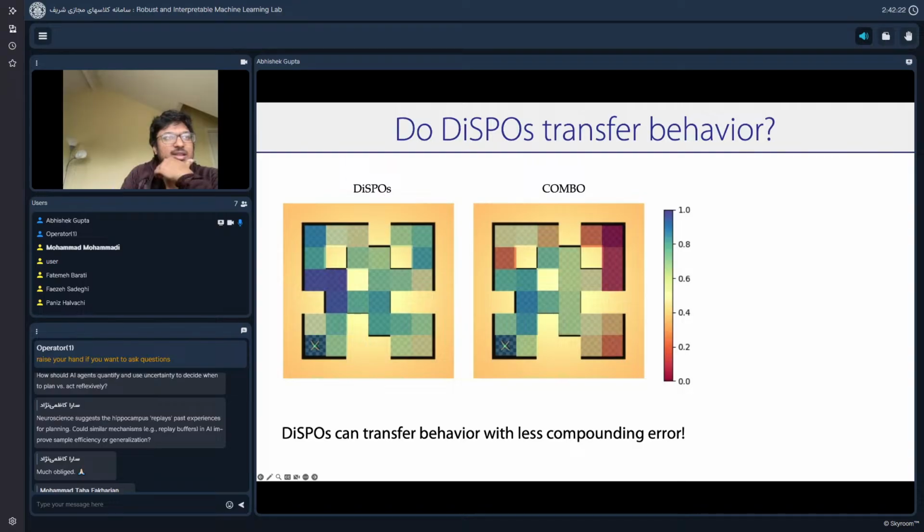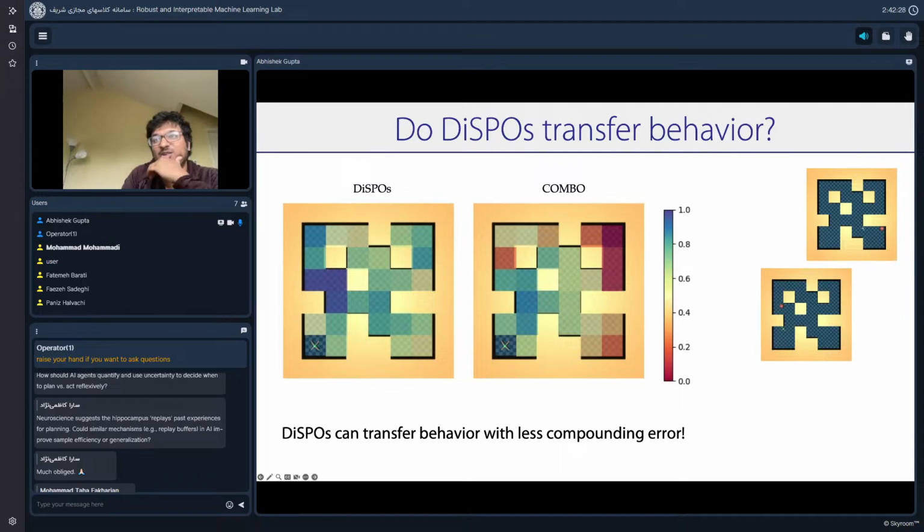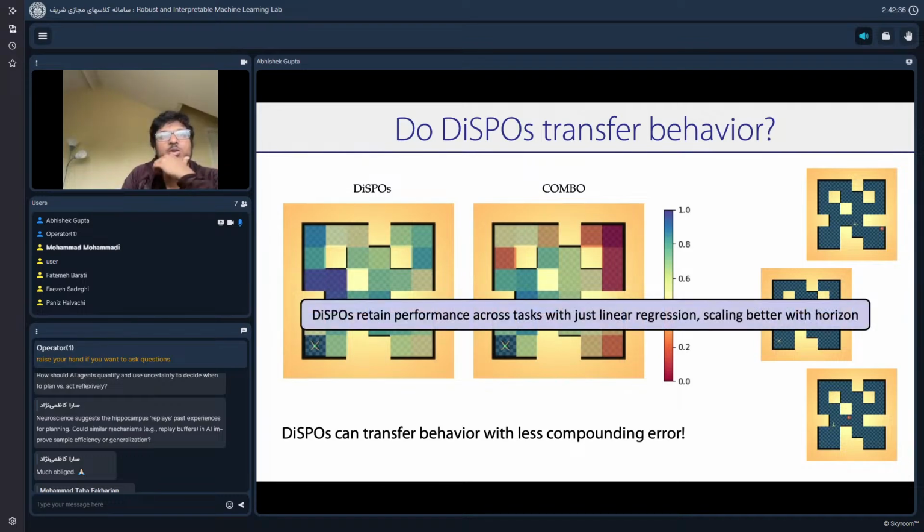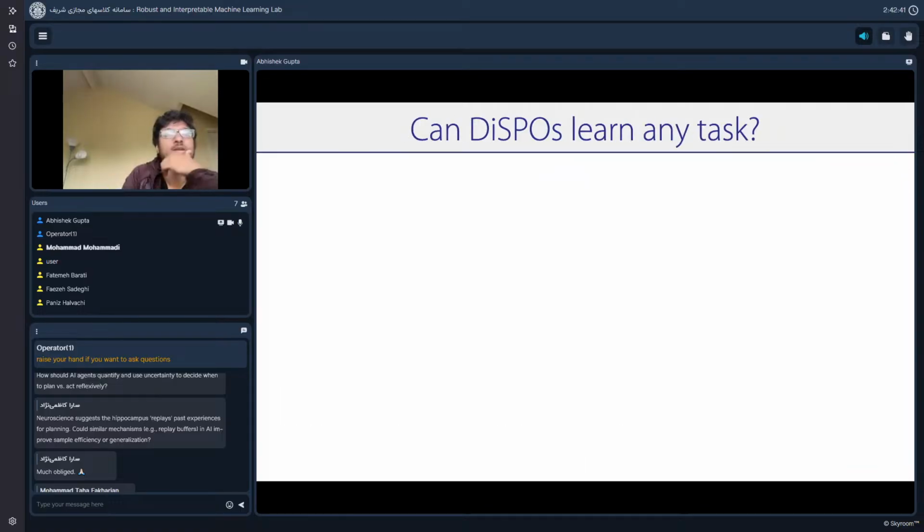Whereas this kind of method does much better with horizon and transfers to many different problems, right? You can visualize the behavior, but the same model is able to then get to any arbitrary problem in the future. So you retain performance across tasks and you scale with horizon a lot better.